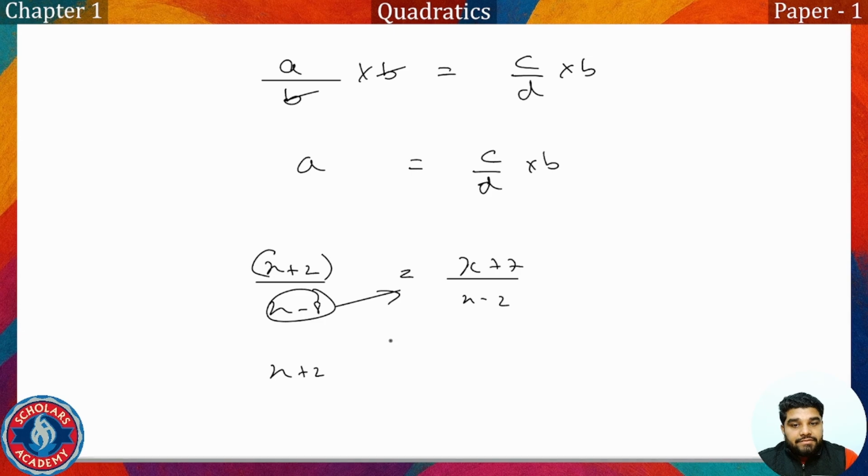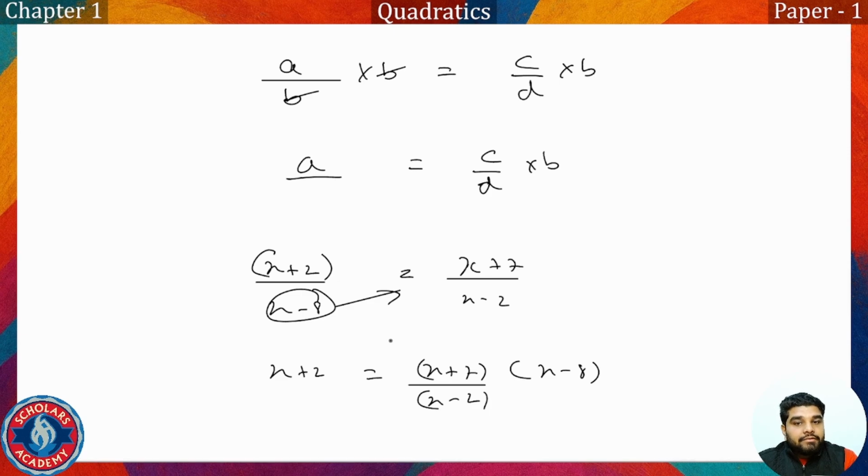So x plus 2 is equal to x plus 7 over x minus 2 times x minus 8. It looks like whatever was in the denominator moves to the other side and comes in multiplication. So b was dividing on the left hand side, moves to the right hand side, comes in multiplication. So we shifted this to the other side, we got the value of x plus 2.